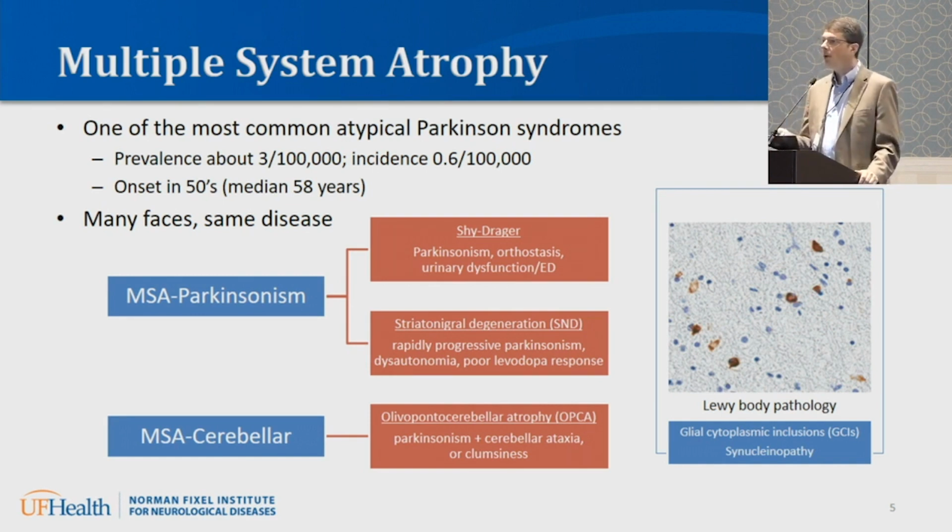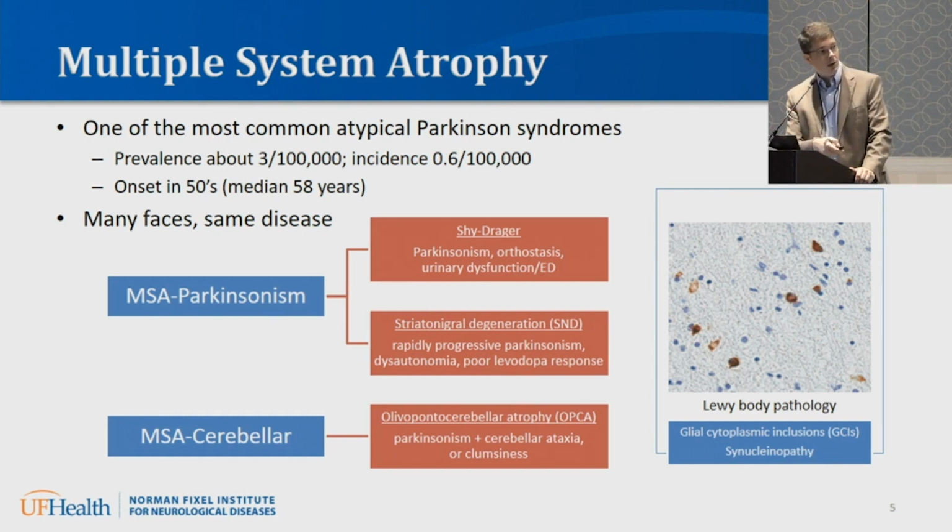So why are these all now lumped together into multiple system atrophy? Well, it's because, coming back to that clinical pathological issue, we've learned about the pathology, okay? And the pathology really is this thing here on the right-hand side. This is something you cannot see on an MRI, okay? This is a neuropathological feature that we see.